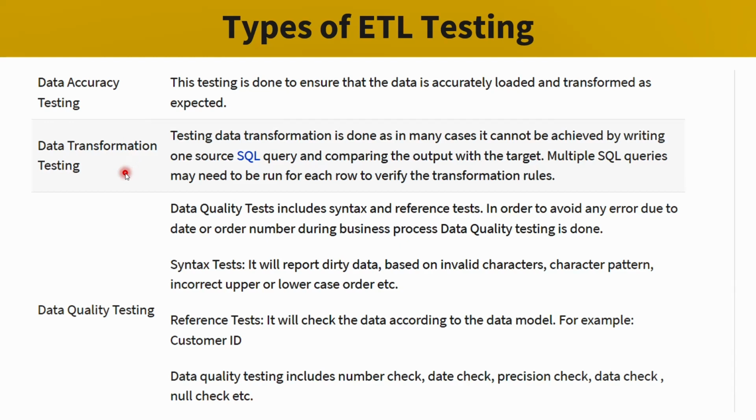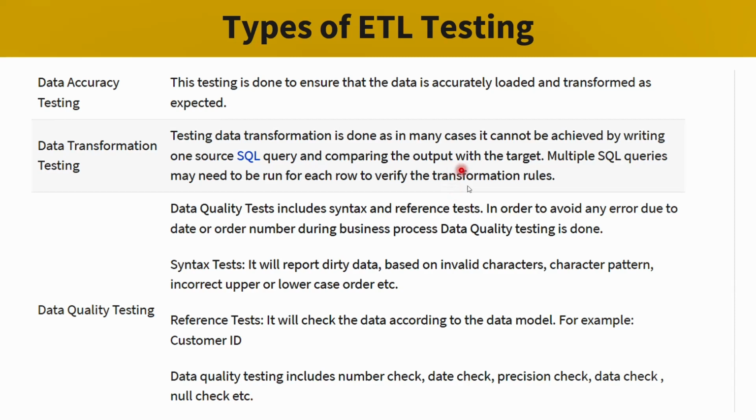The second type of testing for ETL is data transformation testing. What does this mean? Testing the data transformation is done because in many cases it cannot be achieved by writing one source SQL query and comparing the output with the target. In this type of testing, we need to apply multiple SQL queries, and we may need to run them for each row, and our goal must be to verify the transformation rules.